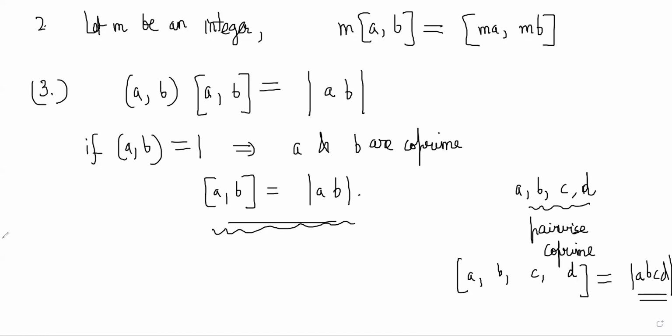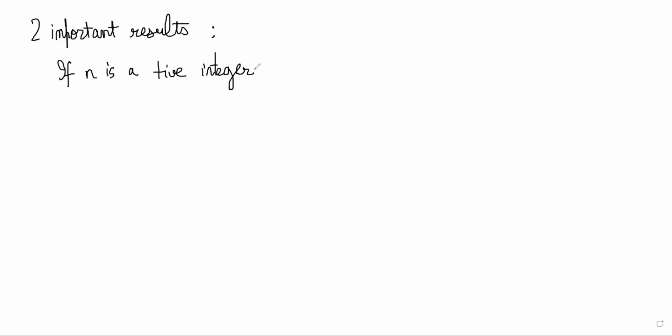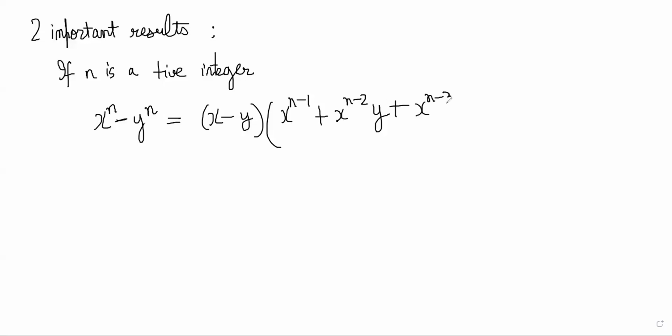Now, two important results that you should know before we start doing some questions are these. This will be coming in handy many times. If n is a positive integer, then we can always say that x power n minus y power n can be factorized like this: x minus y times x power n minus 1 plus x power n minus 2 y plus x power n minus 3 y square, and so on till x y power n minus 2 plus y power n minus 1.